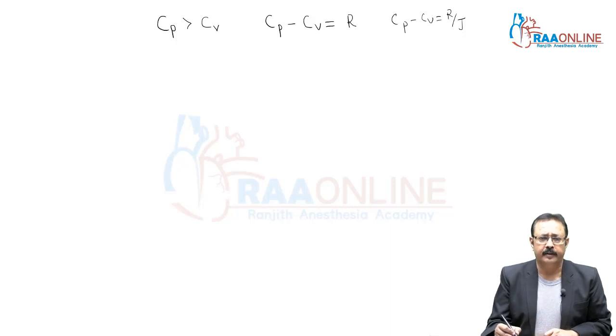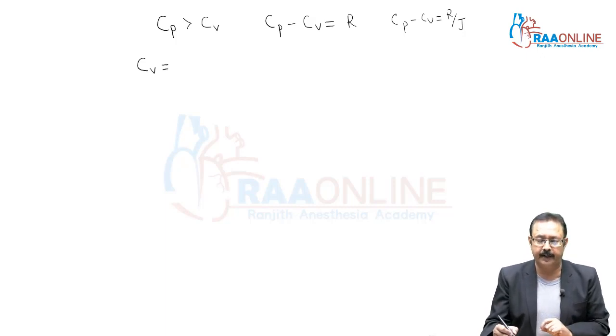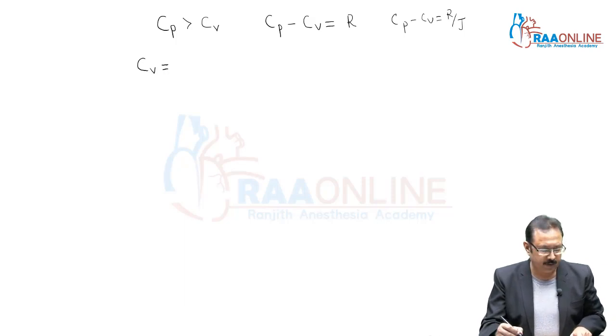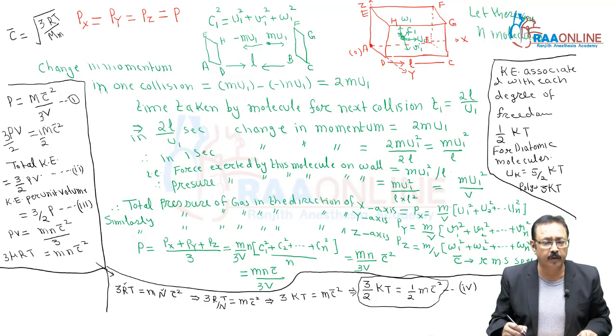And we know, what is Cv? We just discussed the kinetic energy, the energy of the whole gas, with so many formulas. If we are talking about the whole gas, M into N means the whole gas, 3 by 2.